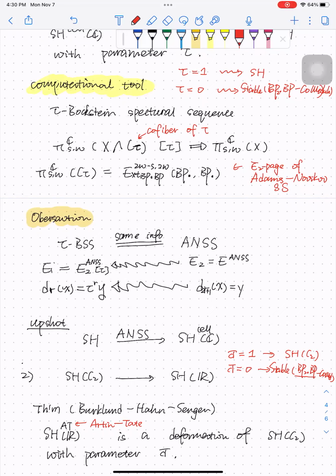So the hope is that you can get lots of properties and maybe recover the R-motivic stable homotopy category from the special fiber. Thank you.